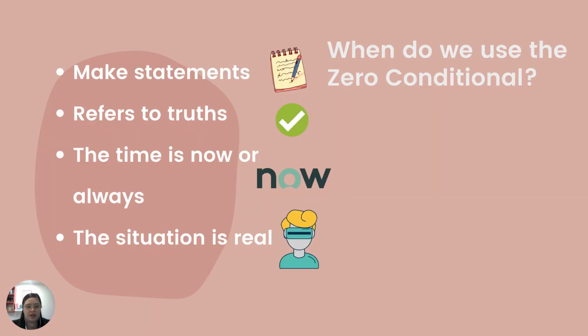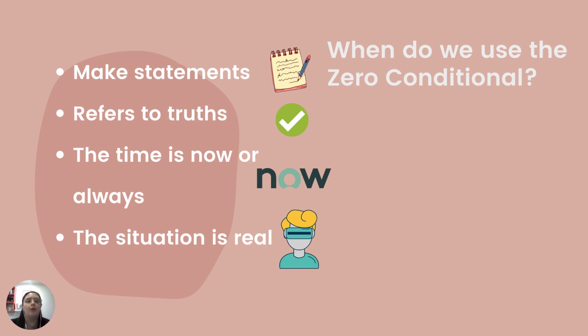Now you may ask yourselves, when do we use the zero conditional? Well, the zero conditional is used to make statements about the real world. It often refers to general truths, such as scientific facts, right? In these sentences, the time is now and always, and the situation is real.